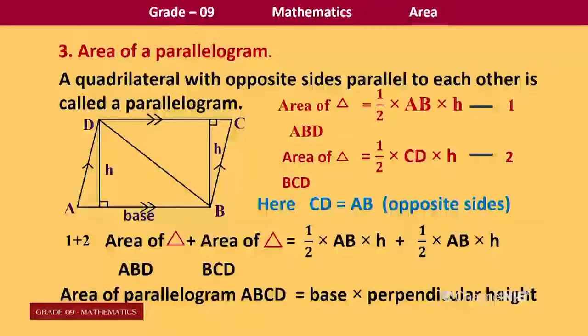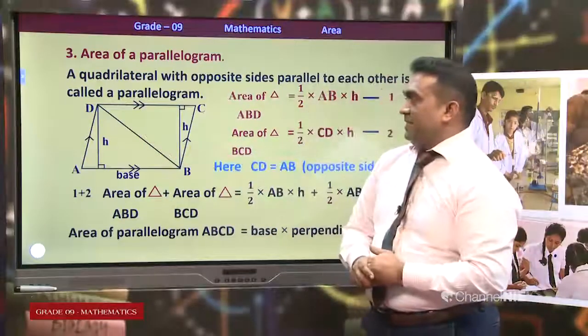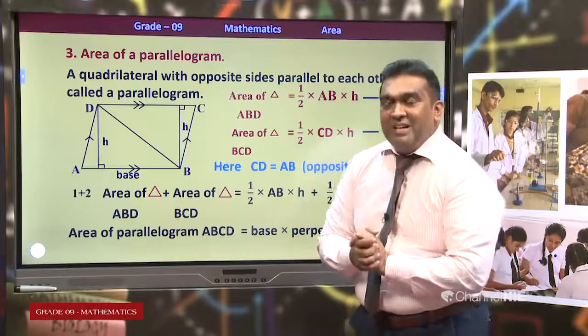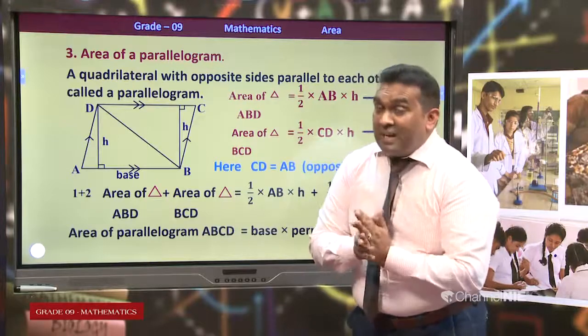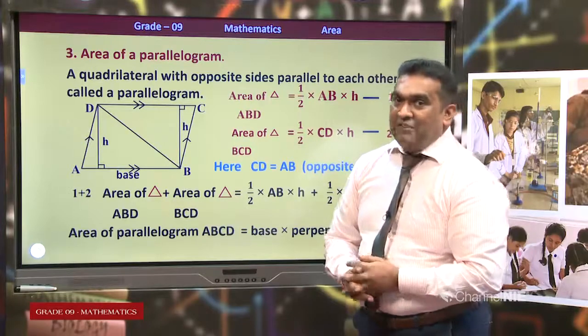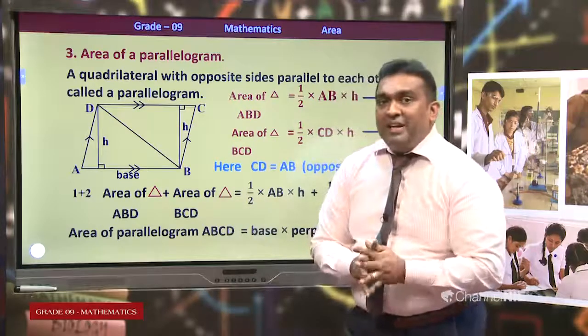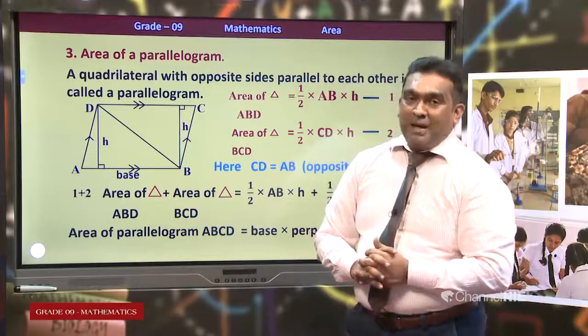Using the diagonal, we divide the parallelogram into 2 triangles, ABD and BCD. After taking the sum of areas of these 2 triangles, we can find the area of the parallelogram.